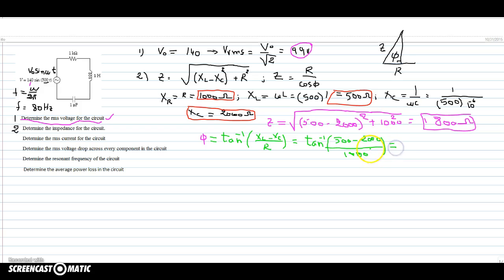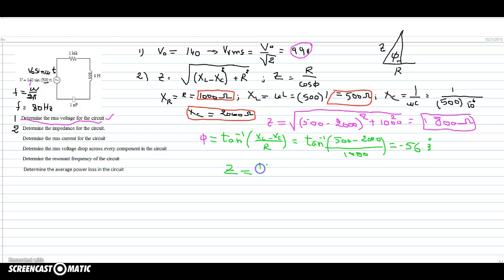The angle is, obviously we expect negative because the system is mostly capacitive, 2000 ohms for C, and the angle I have is minus 56.3 degrees. Now I find Z, which is R, you see, R. What is R?